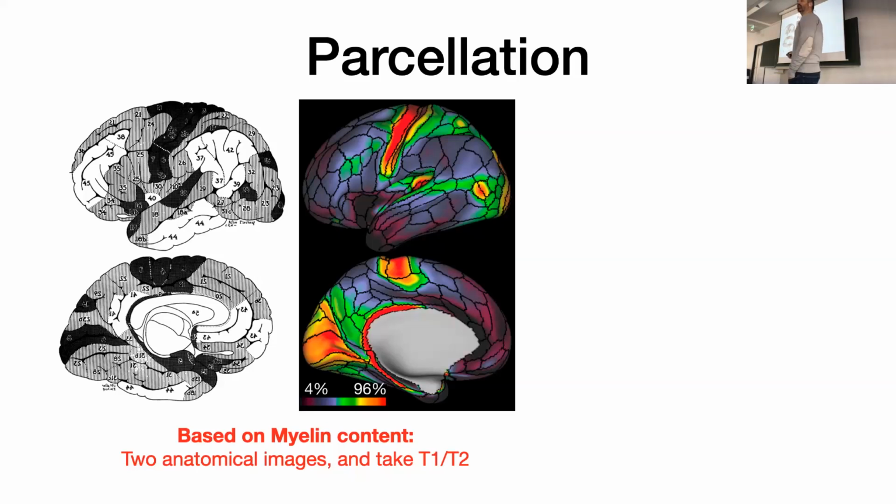Of course, you don't have this on the single subject level because you need to kill someone to get this information. So you could have it on the single subject level, but you cannot do any functional MRI afterwards. Yeah, so that's a pity. So you get very beautiful, high resolution information, but it's going to be an atlas that you're going to have to use across many subjects, right? There's no personalized information there.